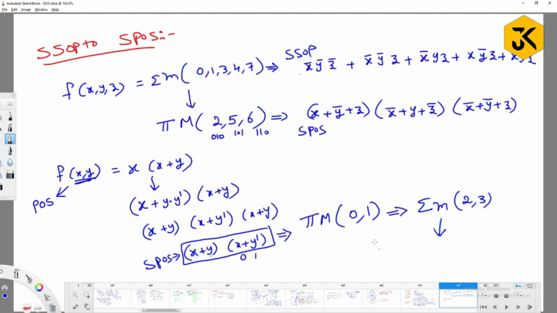Now can you write the standard sum of products expression? Yes, right? So 2 means x y bar plus x y. This is the standard sum of products expression for the given product of sums.